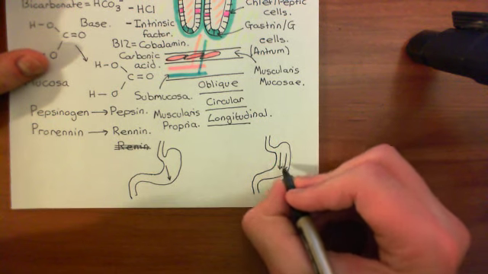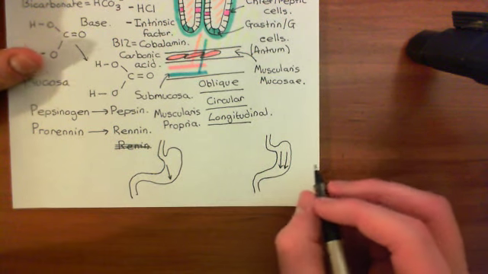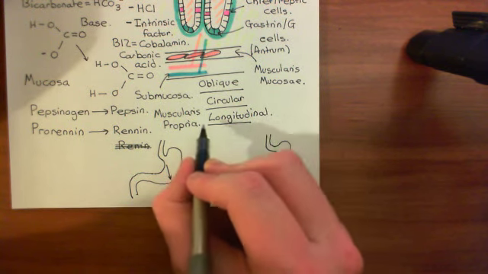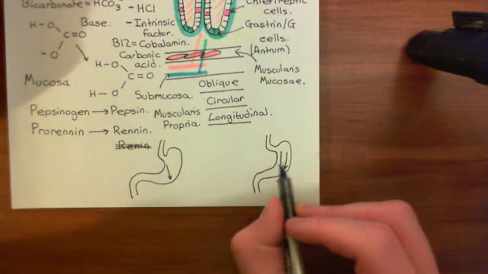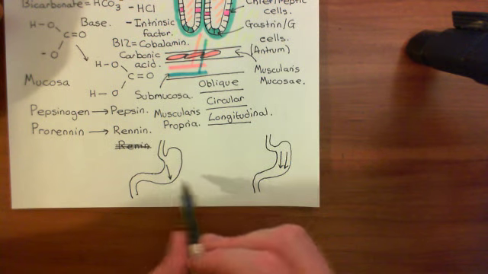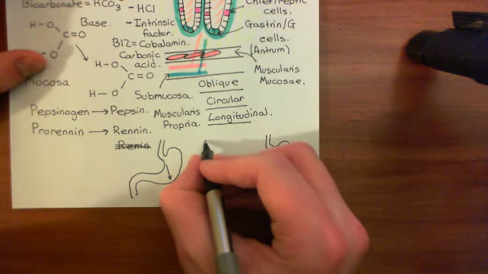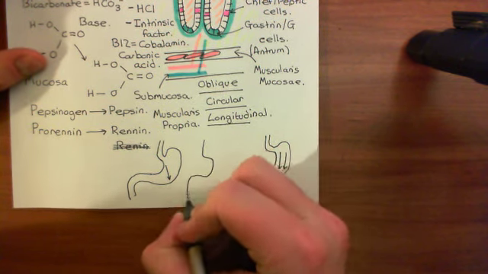So they will be moving in the same direction as the food would be moving. So the fibers in this longitudinal layer of muscularis propria will be running in this direction. Oblique is kind of half-heartedly in that direction. It's sort of diagonal, okay? And then circular is then the most unlongitudinal, okay?